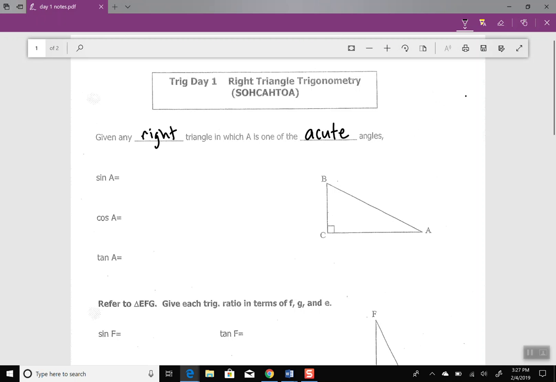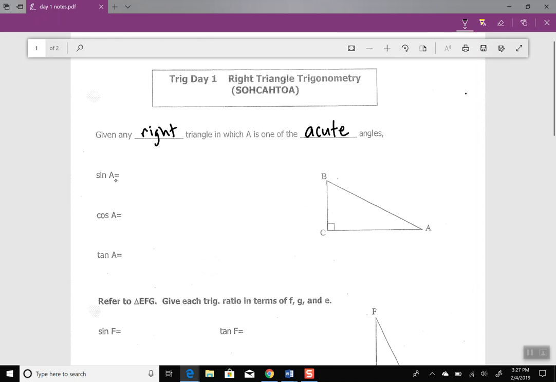So the sine, this relationship, is SOHCAHTOA. So sine of A is going to be equal to the opposite side, O for opposite, over HYP, which stands for the hypotenuse of your triangle, the longest side.